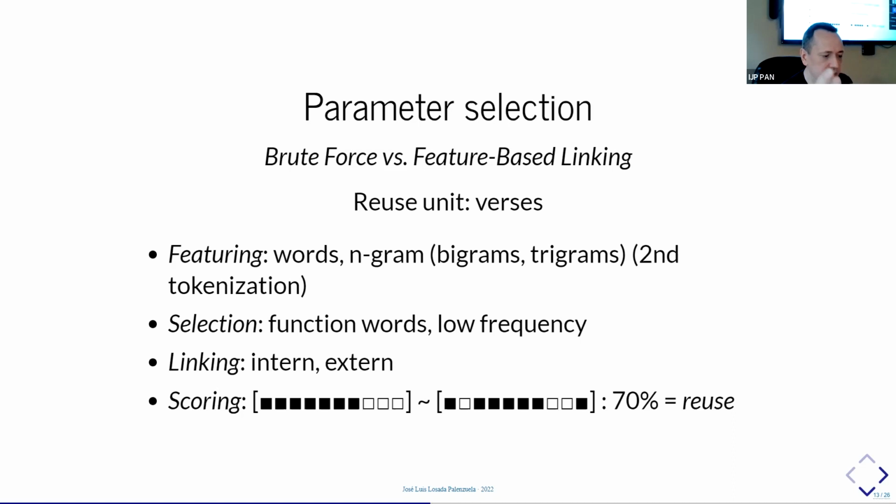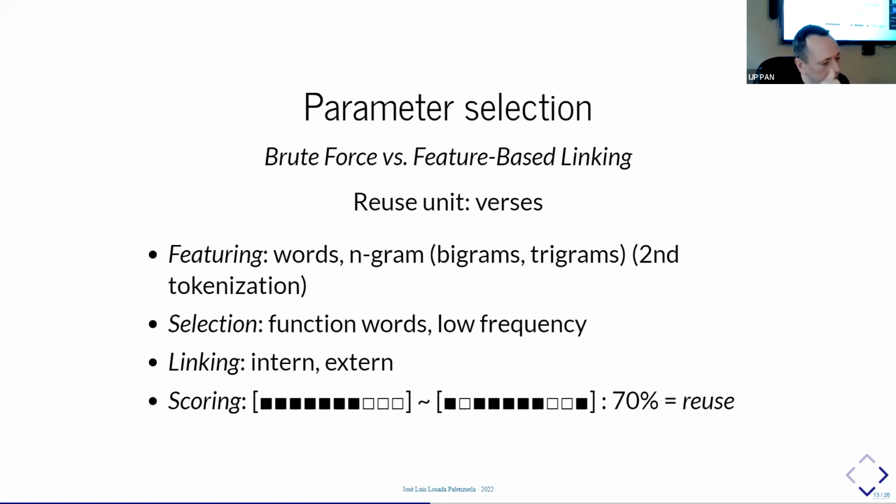The units in turn are segmented into tokenizing features. In the featuring, we have to decide whether the elements are words or bigrams, and this is actually the second tokenization, because first I decide to use verses, and then afterwards I have to decide if I use bigrams, trigrams, and so on.